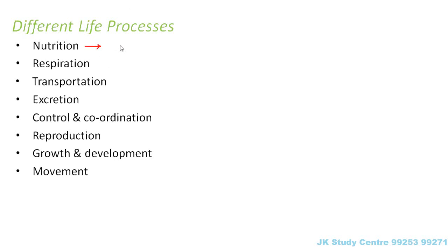So in nutrition we talk about how food is obtained, the intake of food, the absorption of food, and the assimilation of food. What is assimilation? It means how that food is utilized for getting energy out of it. Right? So it is all about that.